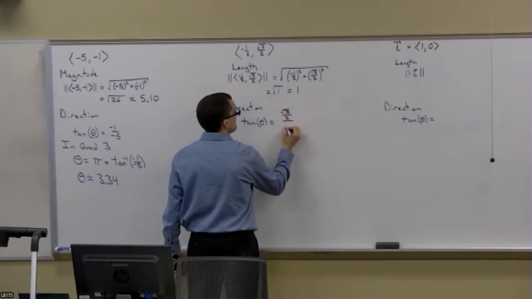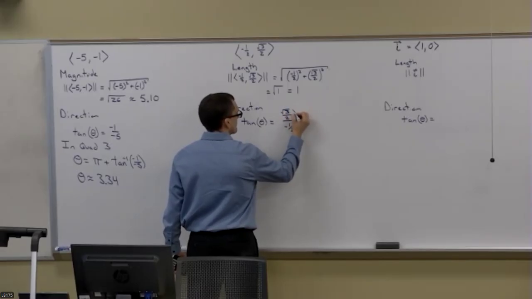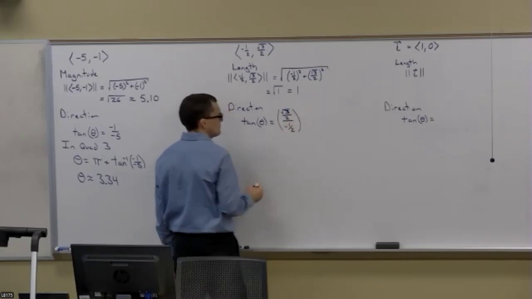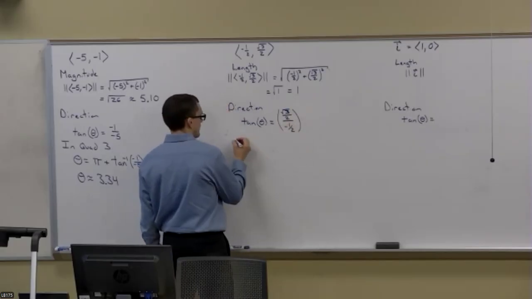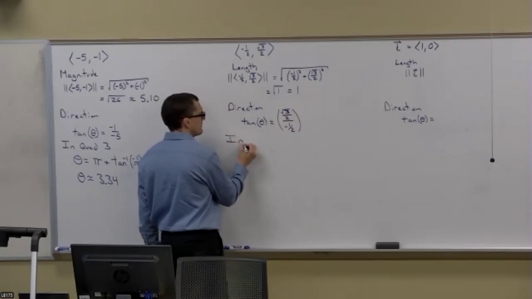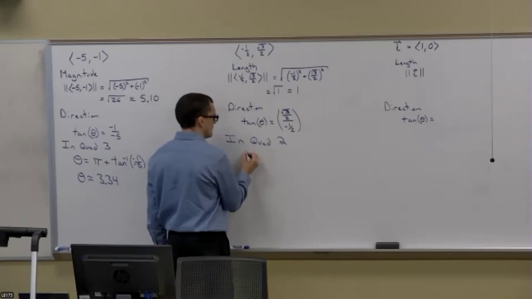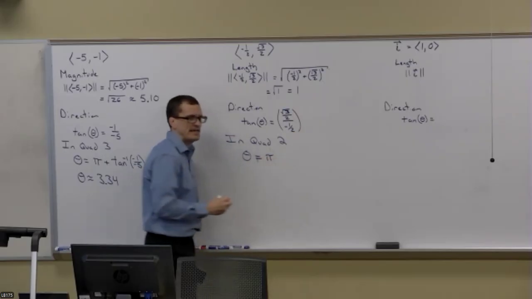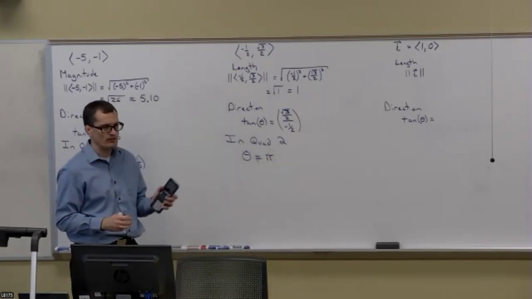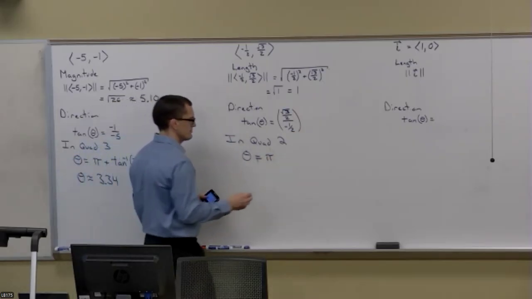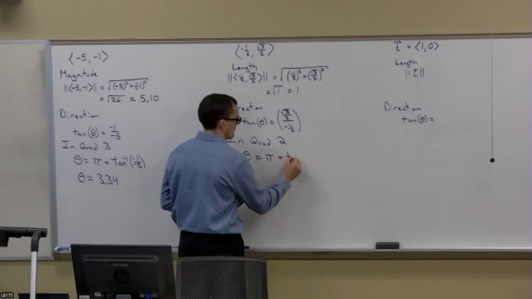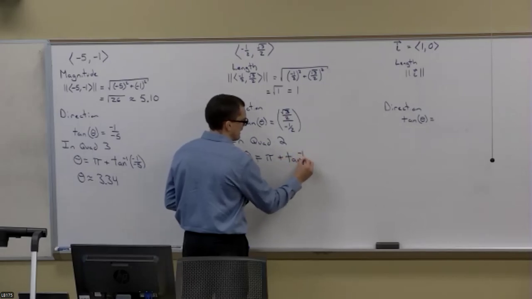The direction, again, tangent of theta is going to be √3 over 2 divided by -1/2. The 2's in that denominator will cancel out, so I'll write that. This is in quadrant 2. So once again, I'll have to add pi to whatever my calculator gives me out as a result with the inverse tangent.